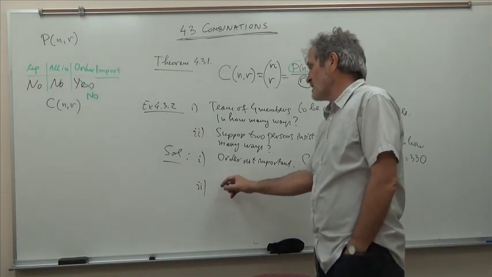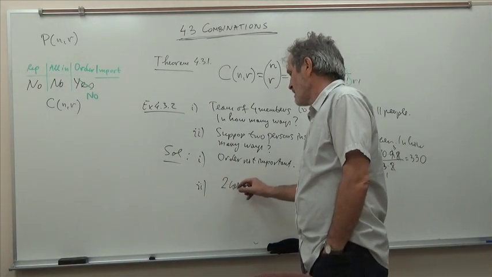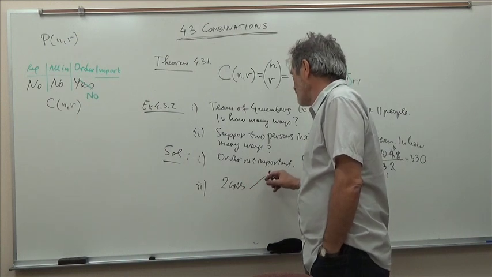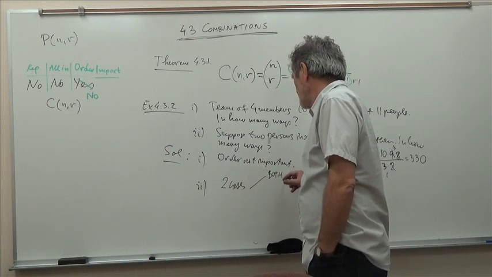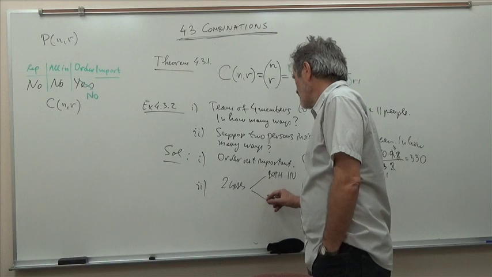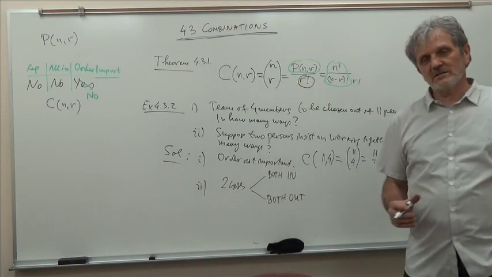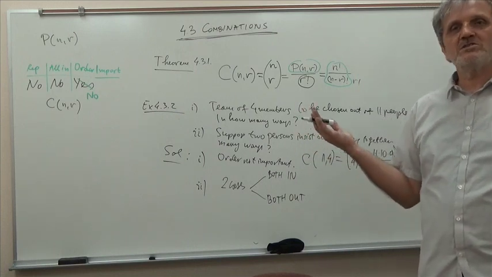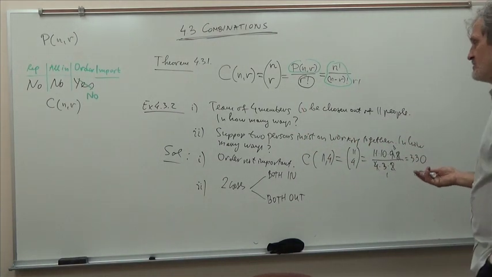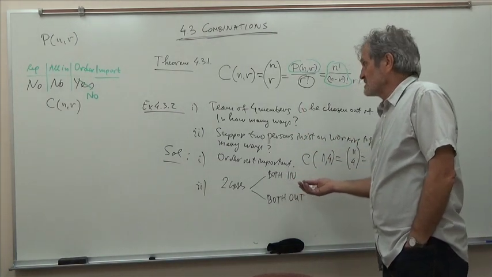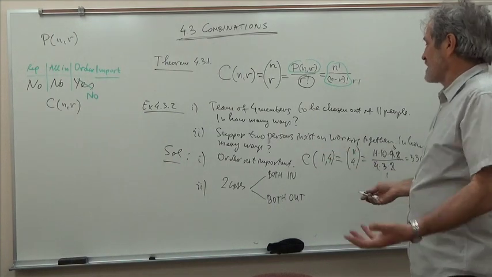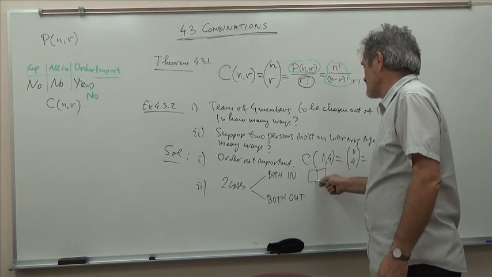We say, we have 2 cases. What are they? Both in, or both out. That's what it means that they insist on being together. And then it's easy. If they are both in, that means 2 spots are already taken, no freedom there.